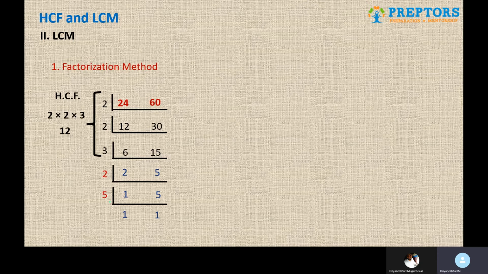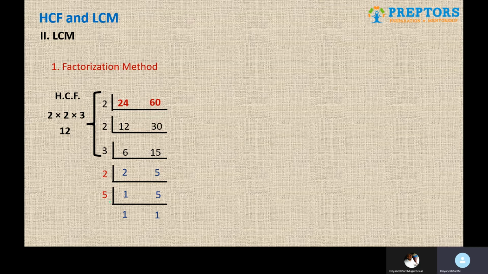When we extract 2 and 5 as well, at the end we are left with 1 at every place, and that is where you stop. So LCM is basically a slight extension of HCF. You keep extracting all the factors until you get all the ones. For HCF we had 2 into 2 into 3, the common factors, and for 2 and 5 we had stopped because there was nothing else common between the two numbers.